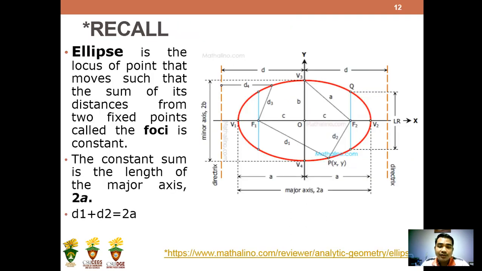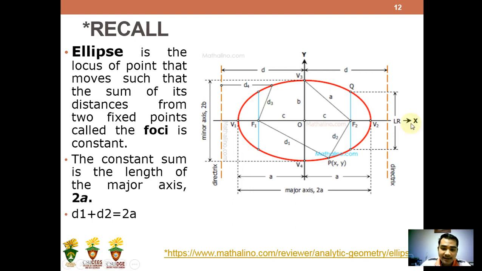So let's recall from your mathematics, or analytic geometry to be exact, which is part of your calculus: what is an ellipse? An ellipse is the locus of a point that moves such that the sum of the distances from two fixed points called foci is constant.